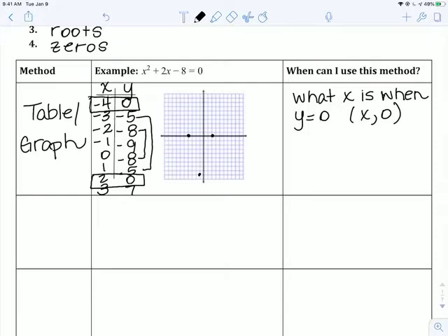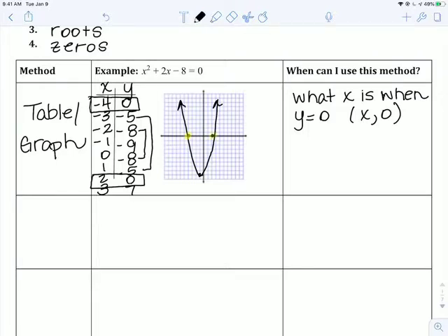And really all I need are those 3 points. So there's the graphical picture of my quadratic, and you can see right here where I'm highlighting our x-intercepts.